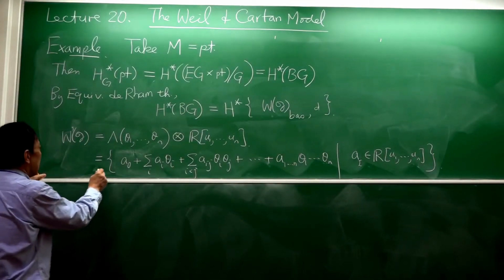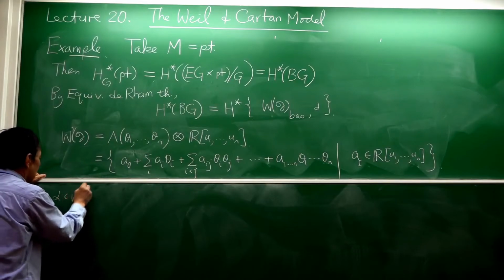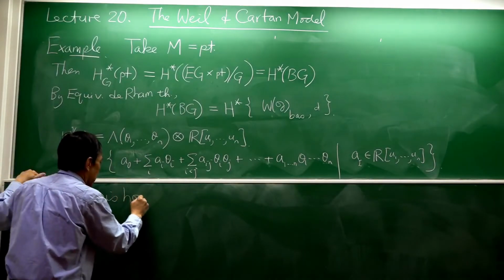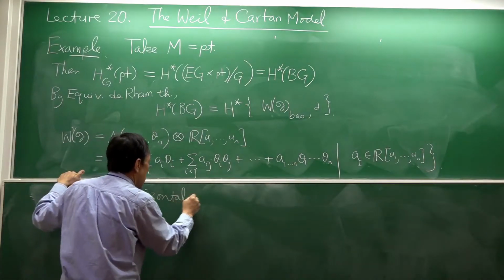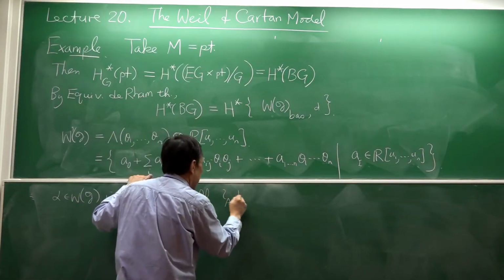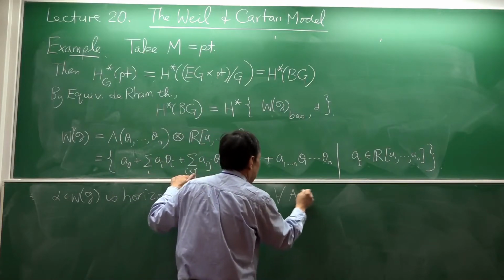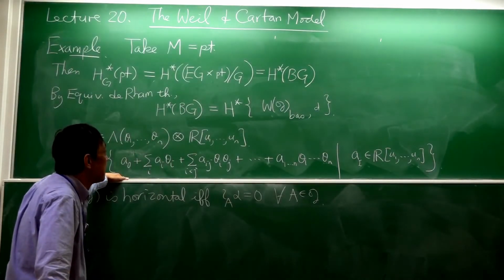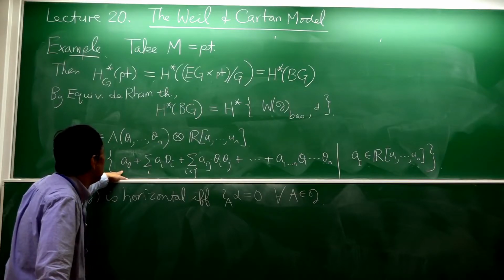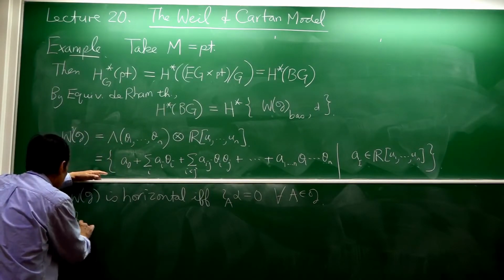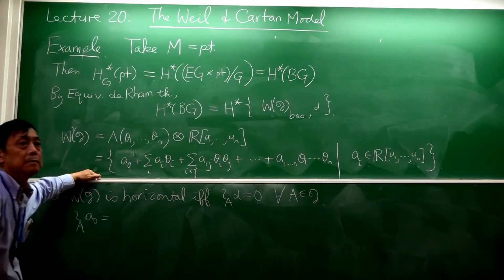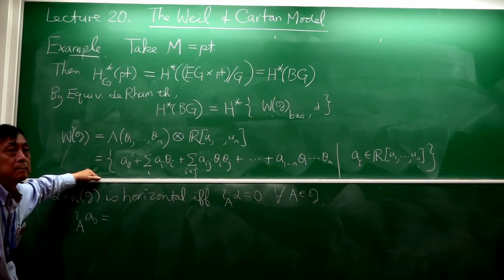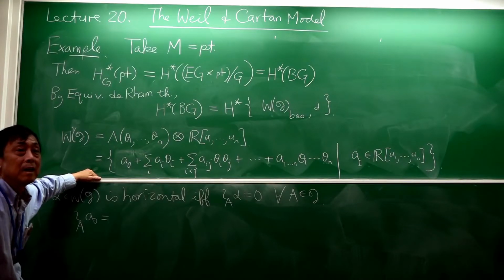So alpha in the Weil algebra is horizontal if and only if IA alpha equals 0 for all A in G. Now, what is IA of A0? The constant of the polynomial.